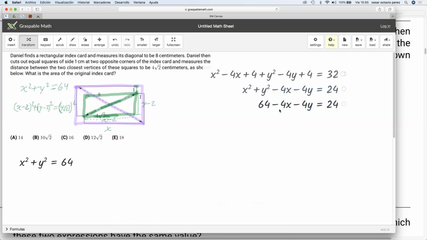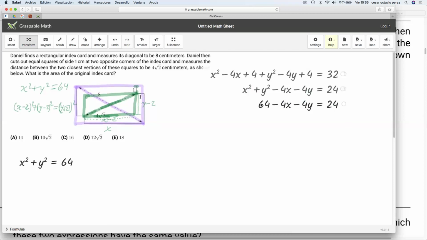So what can we do now? Subtract 64 from both sides.